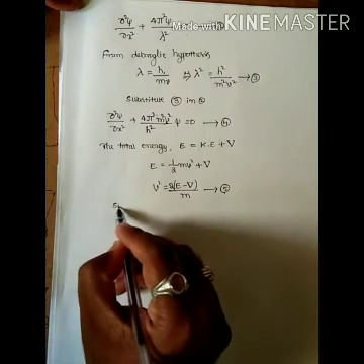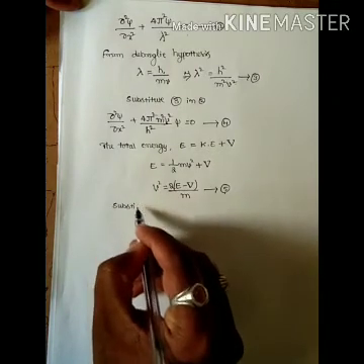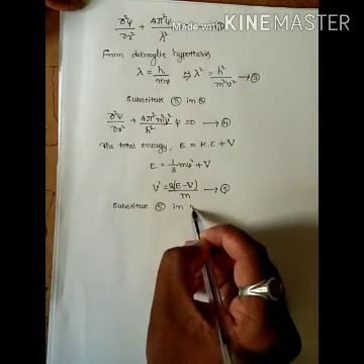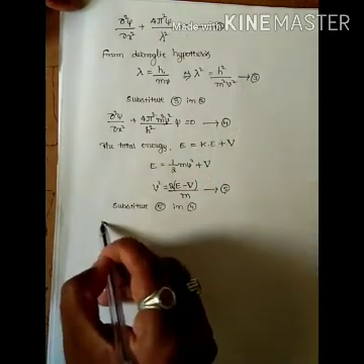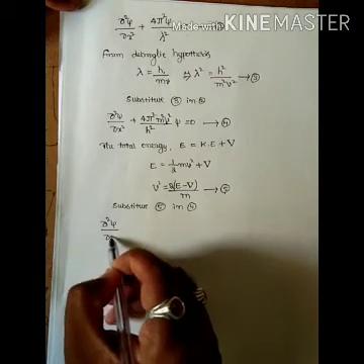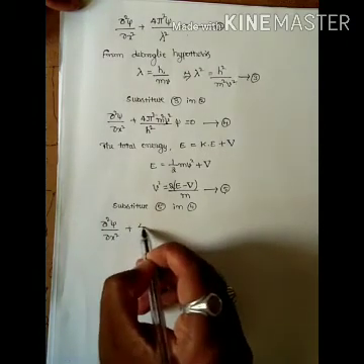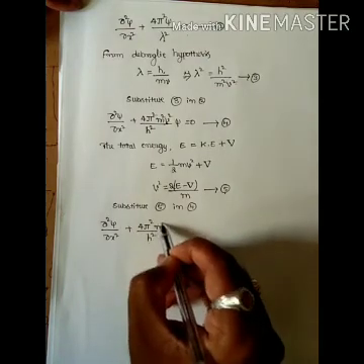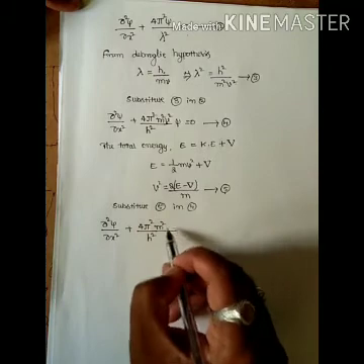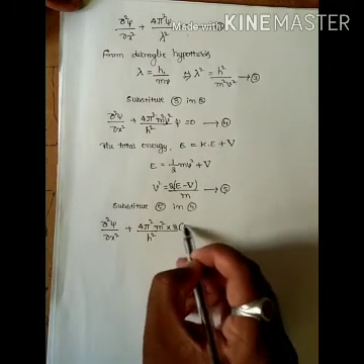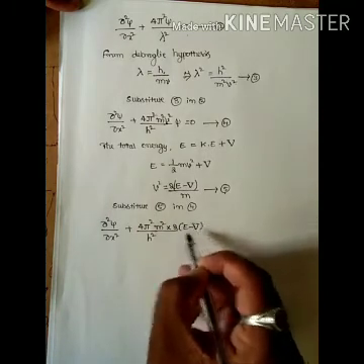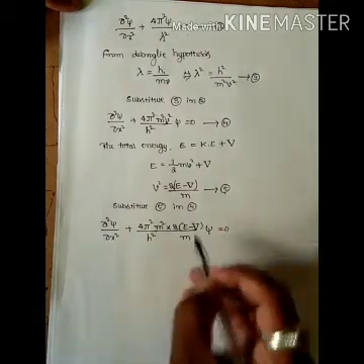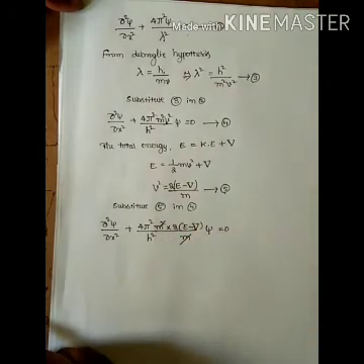That is, let us substitute equation number 5 in equation number 4. So that dou square psi by dou x square plus 4 pi square h square m square, in place of v square it will be 2 into E minus V whole divided by m, into psi is equal to 0, and here m and square will get cancelled.